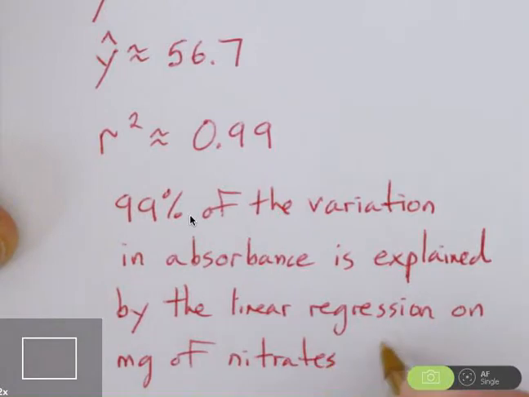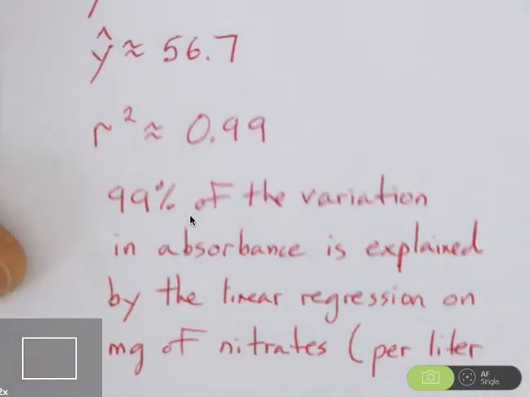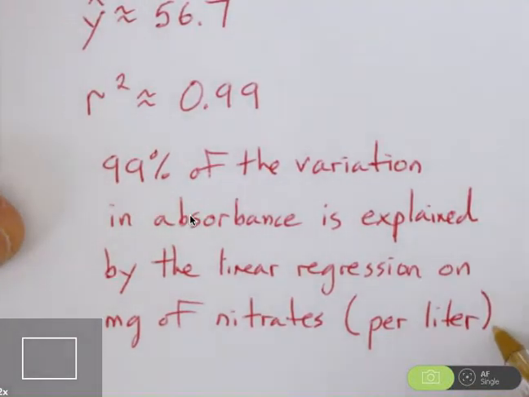I suppose if you wanted to get technical, it's per liter of water. So what this is telling me, this is another piece of information that really does suggest that my prediction is very likely to be accurate.